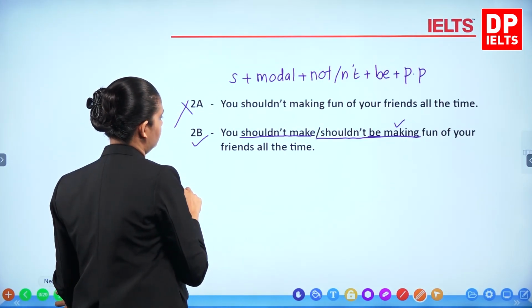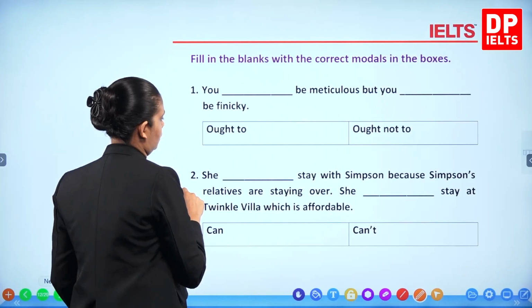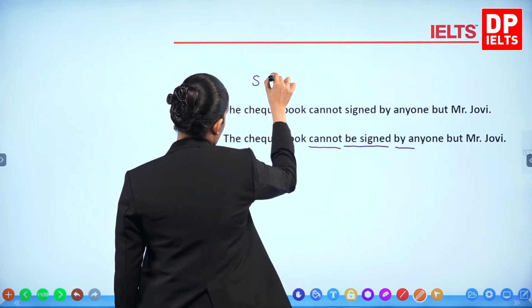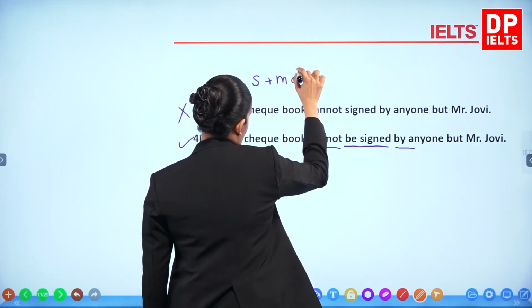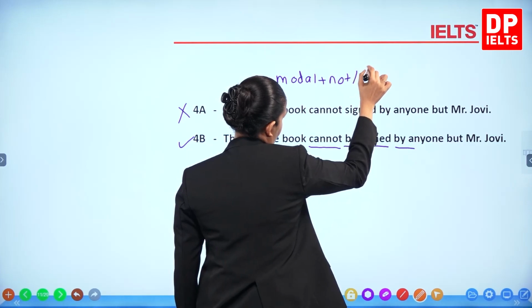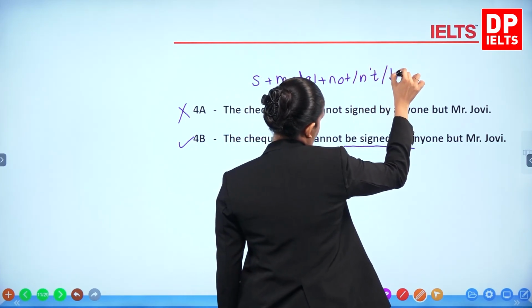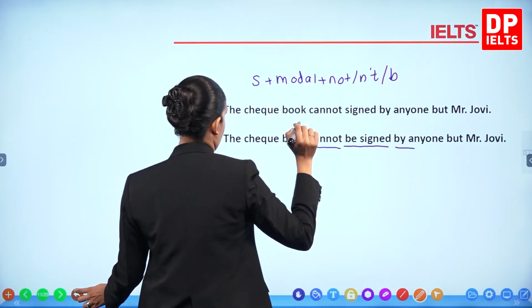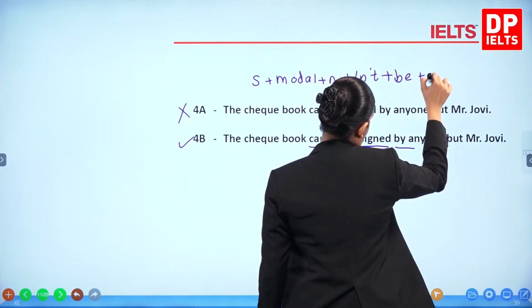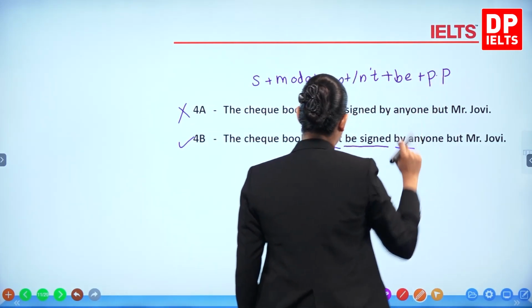So here you can see the structure: subject plus the modal, which is the negative, plus the be verb, plus the past participle.